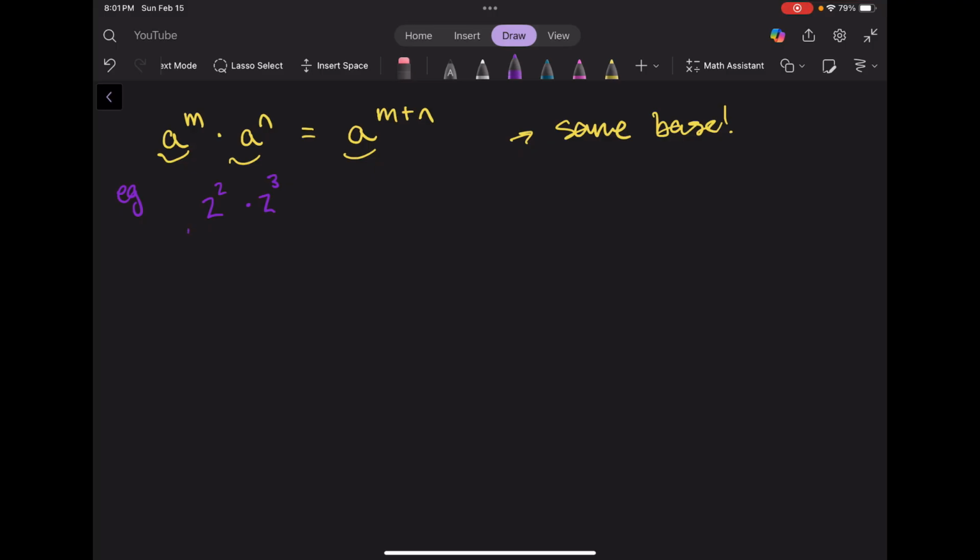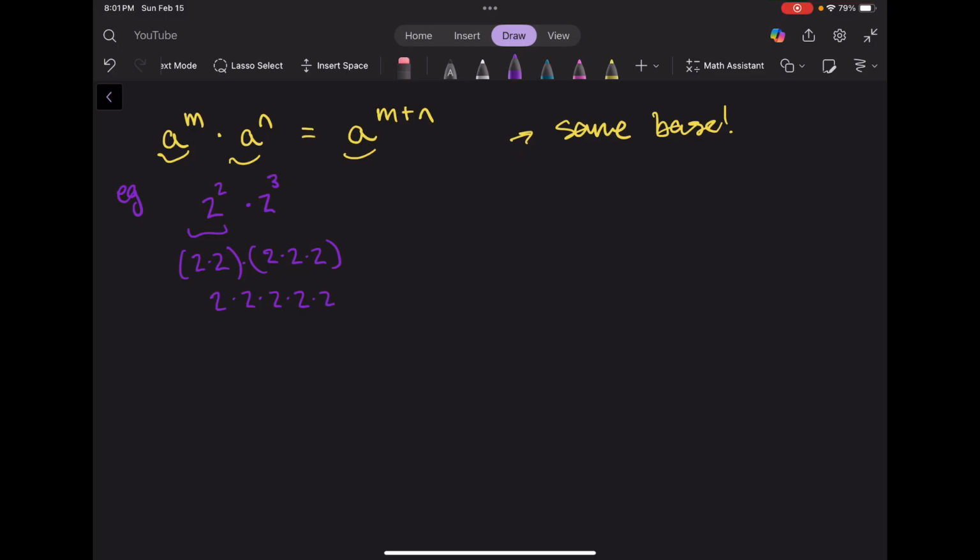If I represent 2 to the second power, that's the same thing as 2 times 2, times 2 to the third power, which is 2 times 2 times 2. And then by associativity, this becomes 2 times 2 times 2 times 2 times 2.